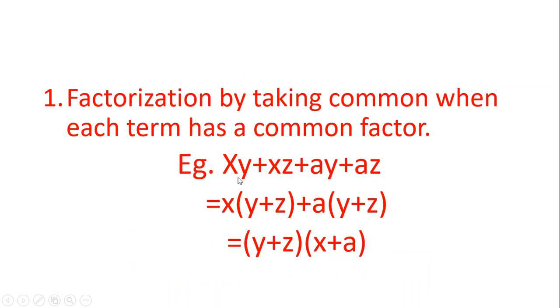Then we will take x common from the first two terms and it will come x times y plus z. And in the last two terms, a is common, then we'll write a times y plus z. And again, if you see in this expression, y plus z is common, we'll keep it at first and x plus a at the last, or vice versa.